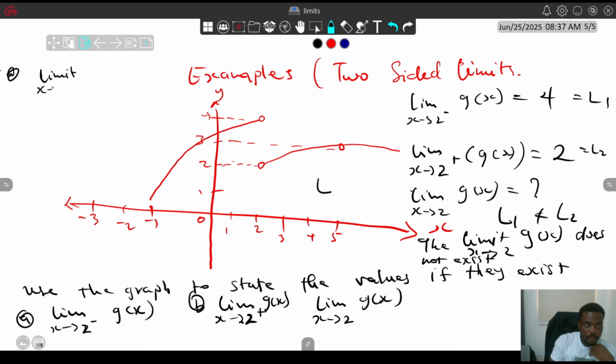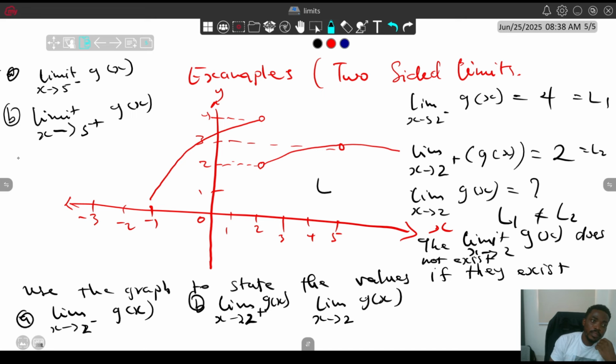A, the limit as x approaches 5 from the left of g of x, B, the limit as x approaches 5 from the right of g of x, and then C, the limit as x approaches 5 of g of x.